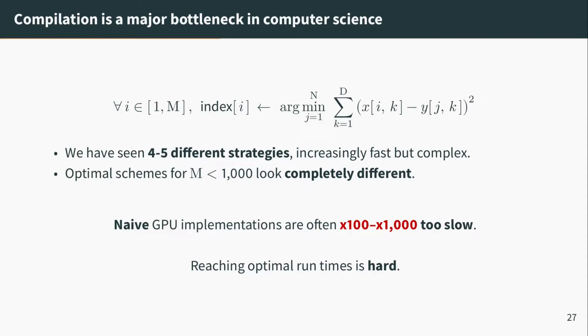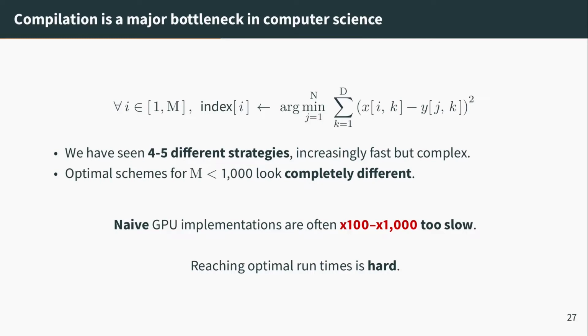Back in the 1950s, people were directly writing assembly, so they had to be very clever. And then progressively, as computers became more and more powerful, people started to use high-level languages. Obviously, computers do not understand high-level languages, so you need a translation between the two, and this is a compiler.